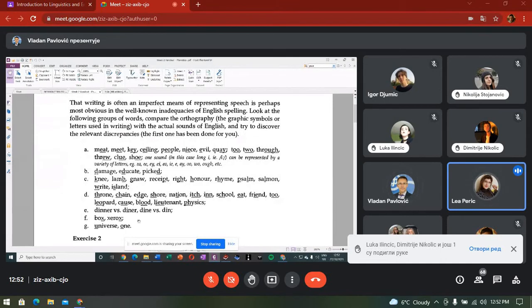So, what we notice in these examples is that we have written the same group of letters in each of these words, but we pronounce them differently, because we pronounce the vowel in front of them differently.